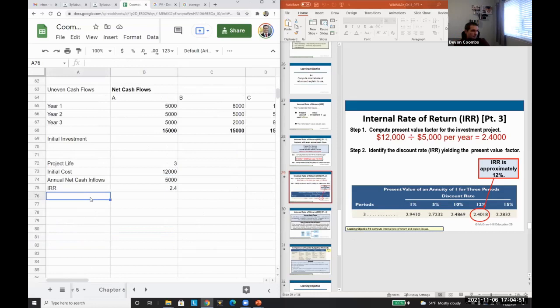The other way to do it is just what I showed you here: initial cost, 1,000. So you can do year 0. It's easier. 3,000 or 5,000.